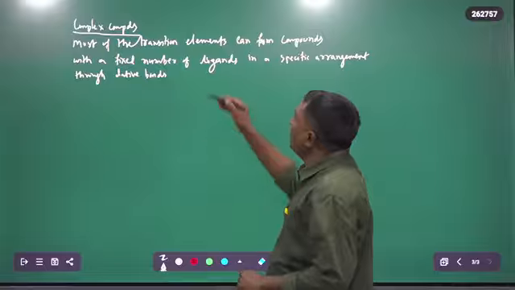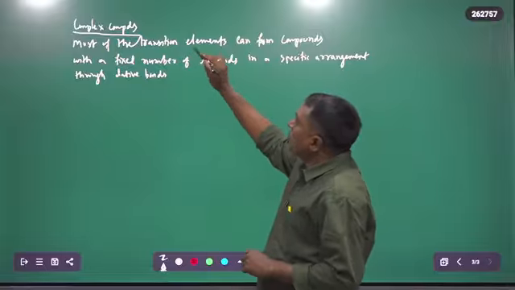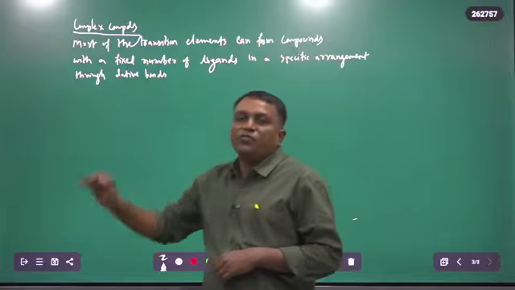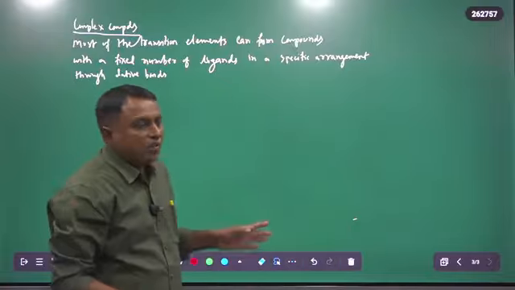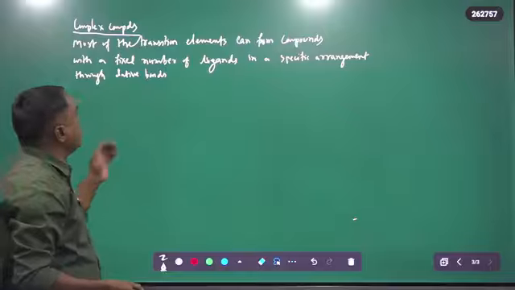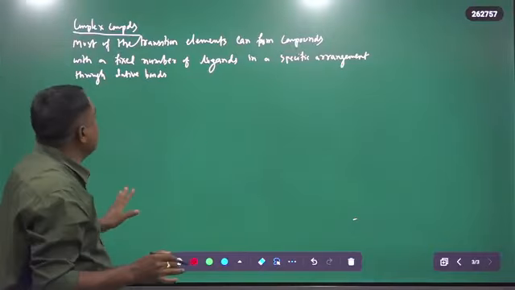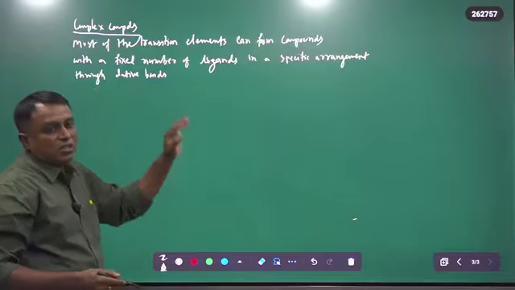Such types of compounds are complex compounds. So generally transition elements can form a large number of these complex compounds with a fixed number of ligands in a specific arrangement via dative bonds.